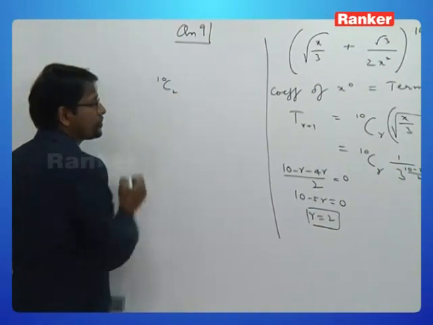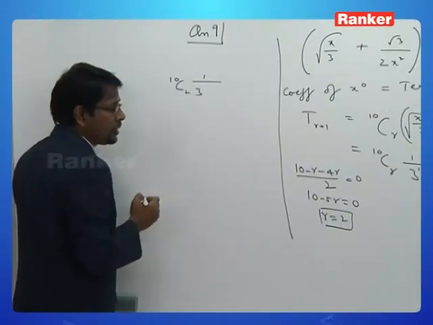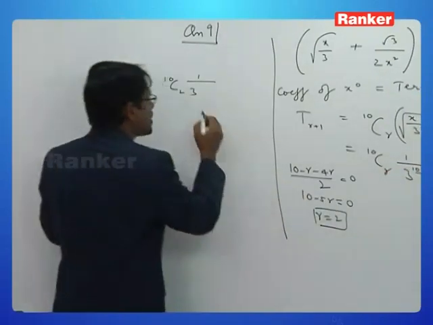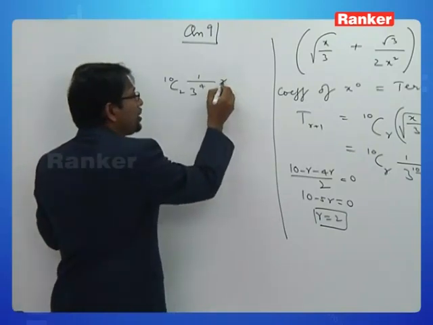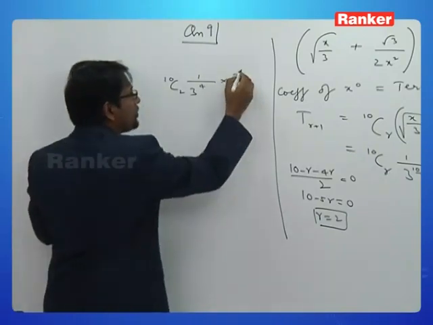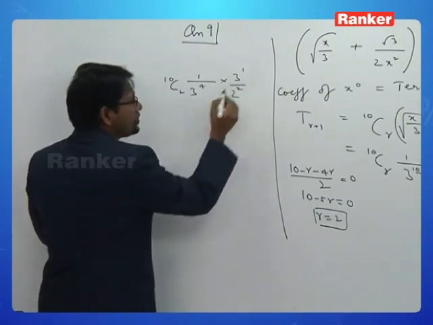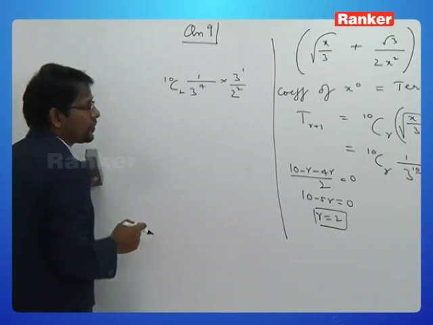10C2 into 1 by 3 power, what do we have here? 10 minus r, that is 8. 8 by 2, that is 4. 3 power r by 2 will make it 3 power 1 here, by 2 power 2. Okay, this is what we have here.